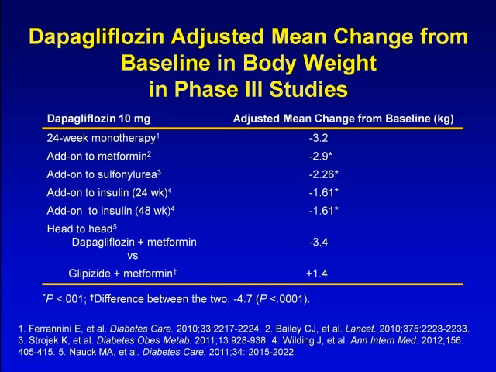This slide looks at a range of phase 3 studies and looks at the weight loss. And what is interesting about this slide is that if you look at the patients treated with insulin, both over 6 months and over 1 year, there is a loss of weight, which is very difficult to achieve as you improve glycemic control in patients on insulin.